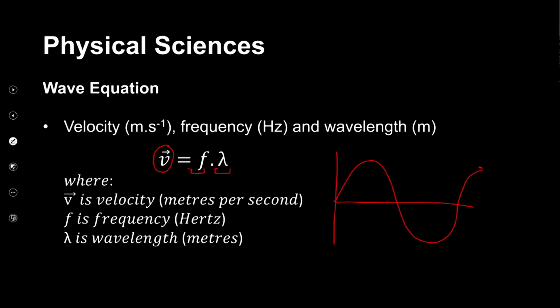We often refer to a wavelength as the distance between two consecutive crests or two consecutive troughs. With the wave equation, as I said earlier, we already know that we can use it to calculate the velocity of a wave when we have its frequency and its wavelength.